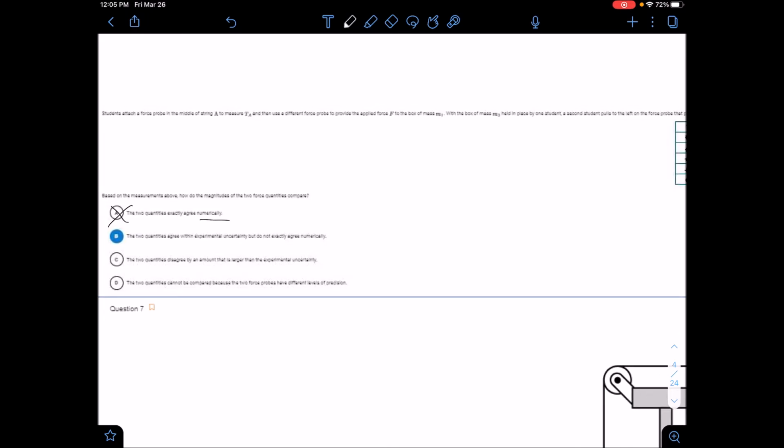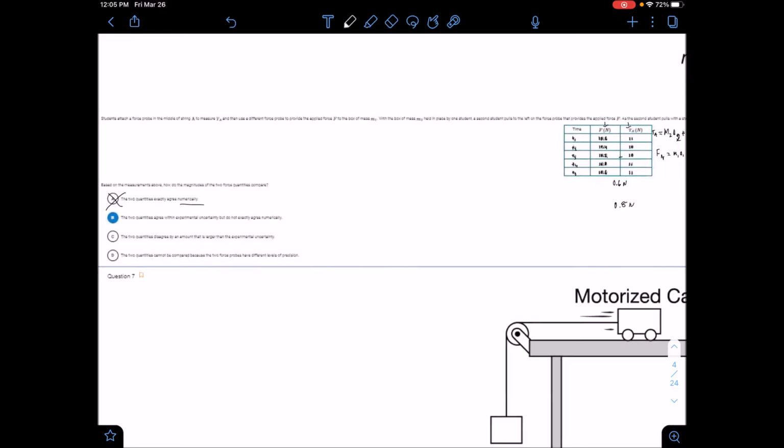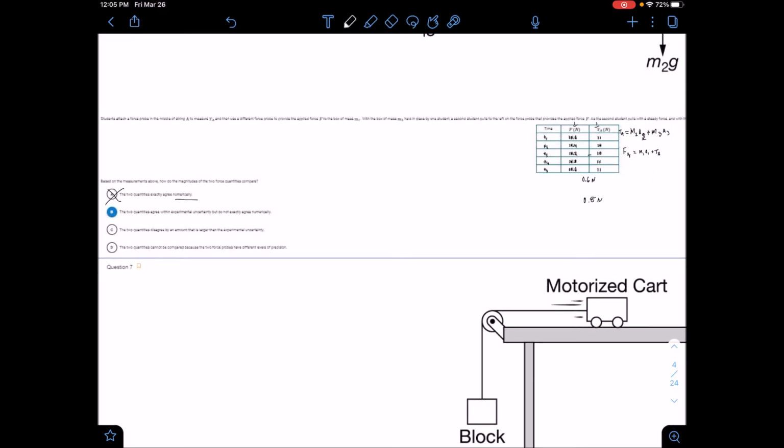Yeah, obviously that's not right because the number is not so large. The numbers are fairly close to each other, so it's not that they disagree by a larger amount. An example of a larger amount would be 14, for example. If TA was 14, then option C probably would have been right, but it's not.